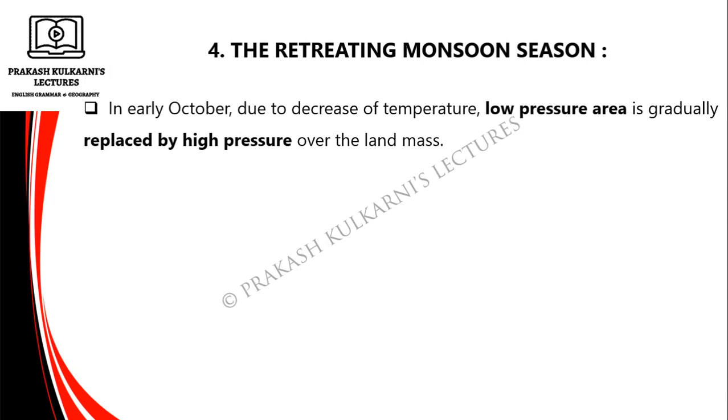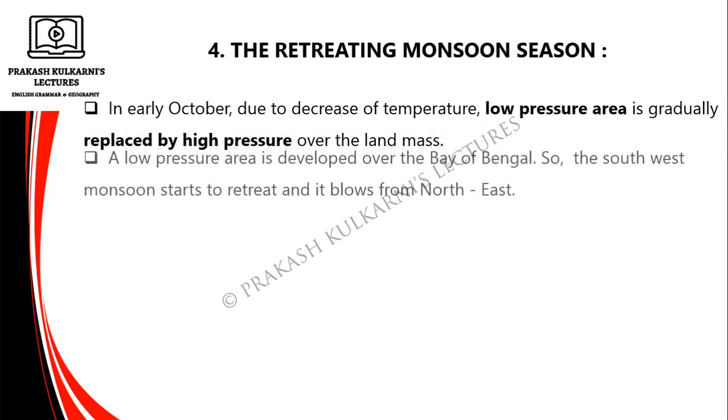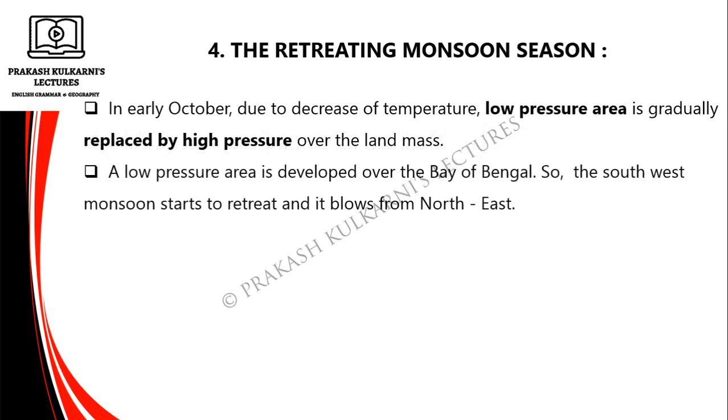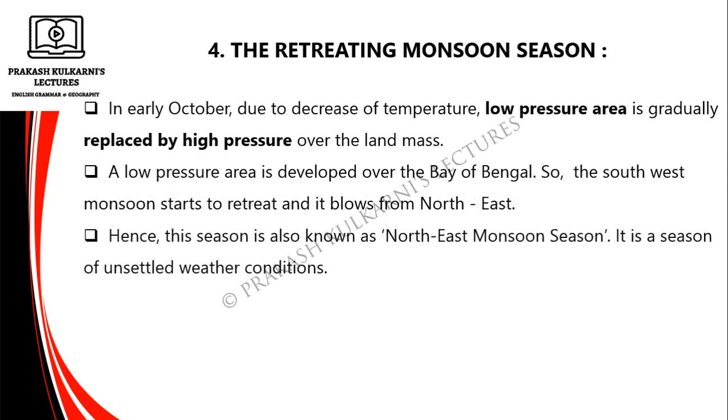In early October, due to decrease of temperature, low pressure is gradually replaced by high pressure over the land mass. A low pressure area is developed over the Bay of Bengal. So the southwest monsoon starts to retreat and it blows from northeast direction. Hence, this season is also known as northeast monsoon season.